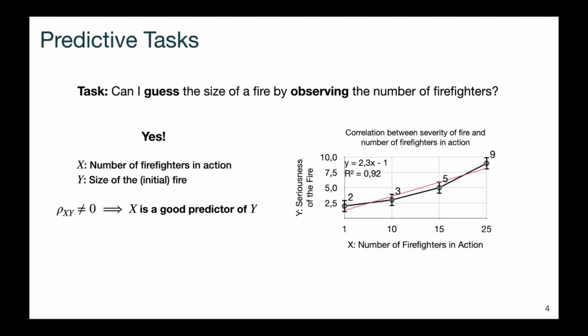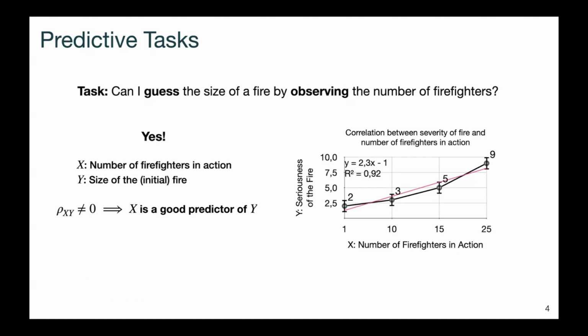The fact that the correlation is different than zero implies that X is a good predictor. So you can actually use this variable to help in the prediction of the size of the fire.